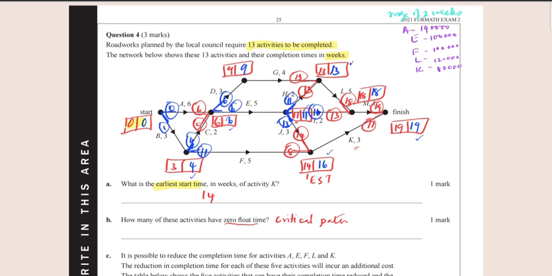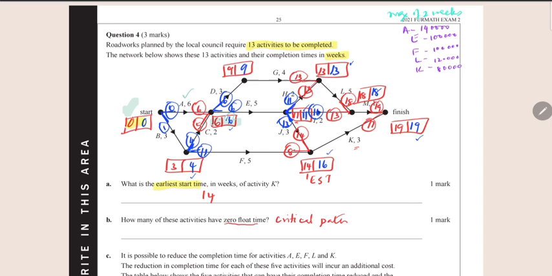So if we take 0, and to that 0 we add 6, we get this one, 6, 6, which is good.